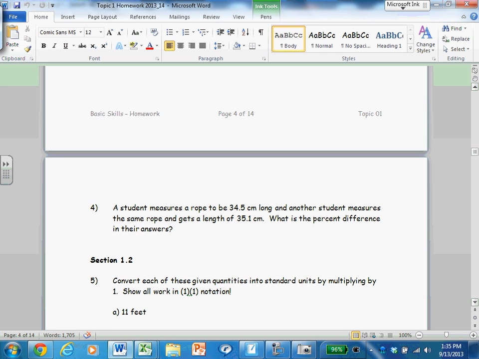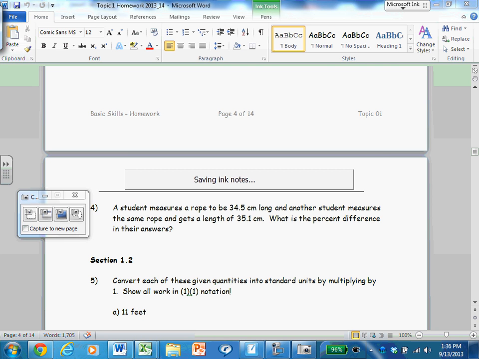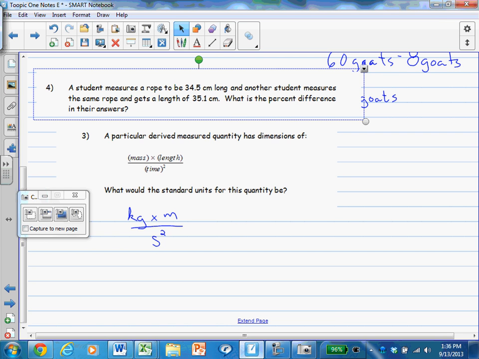The percent difference one. Okay, this is a good one to look at because if you look on your sheet that says your reference table, this one, okay?